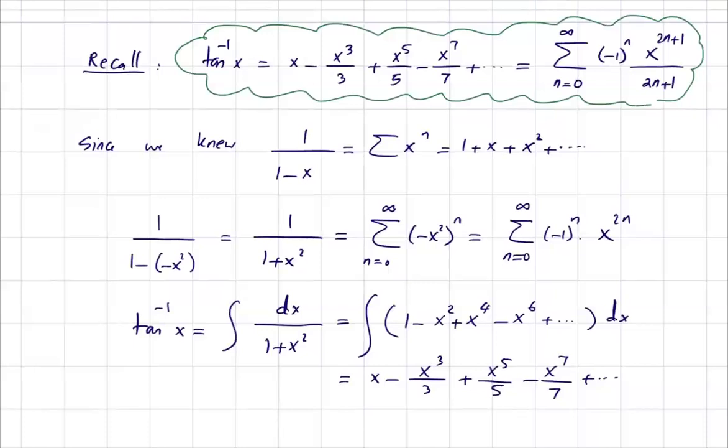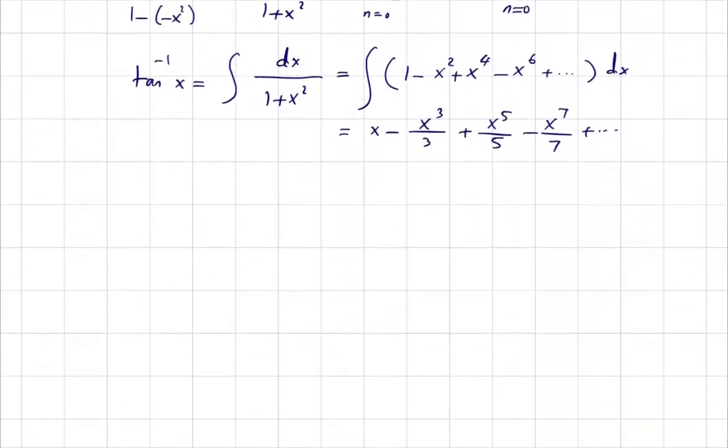Now the question is, what if you have a function of this form? What if you have x squared times inverse tangent of x cubed? You have f of x, which is equal to x squared times inverse tangent of x cubed.